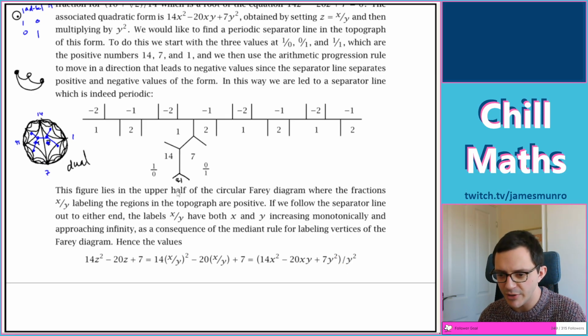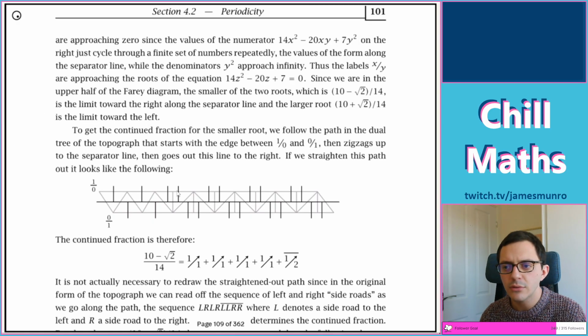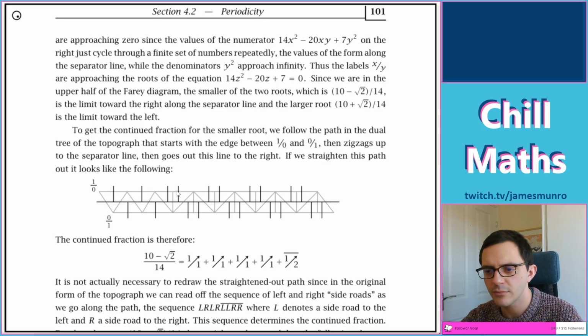We're using the fact that it's periodic to say that this quadratic form only takes finitely many values in this periodic stuff along here, divided by y squared. So if x and y are getting very large, then that's getting very small. Oh, so the value must be close to 0.